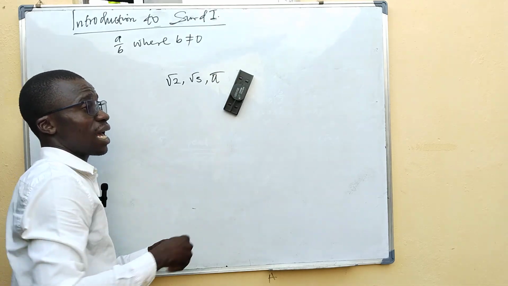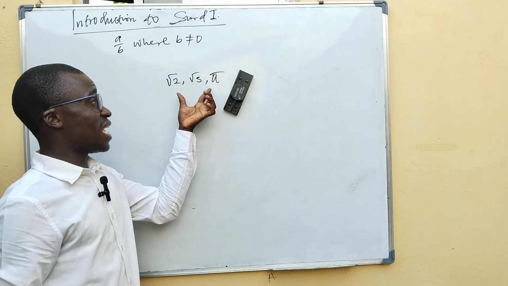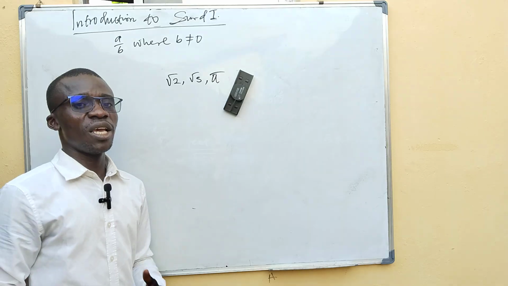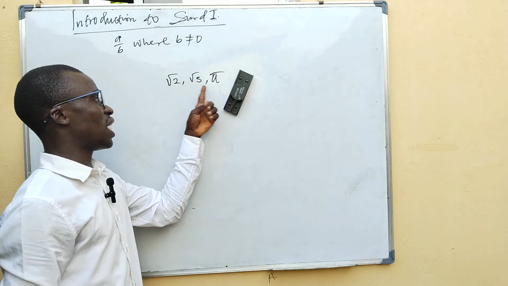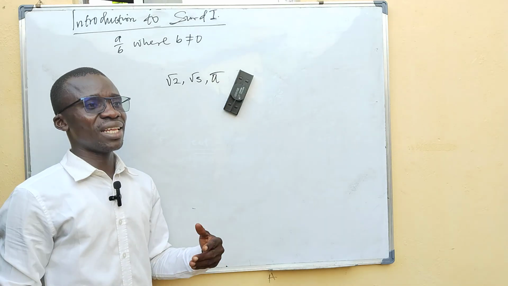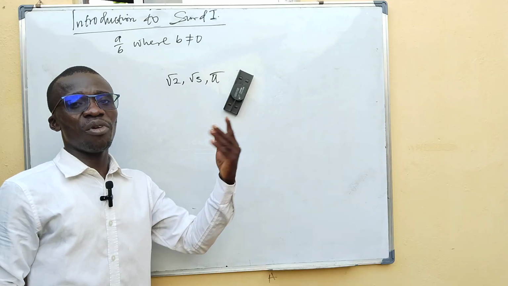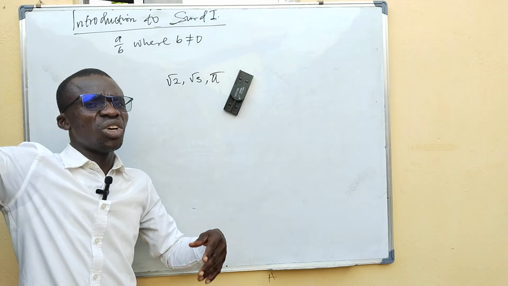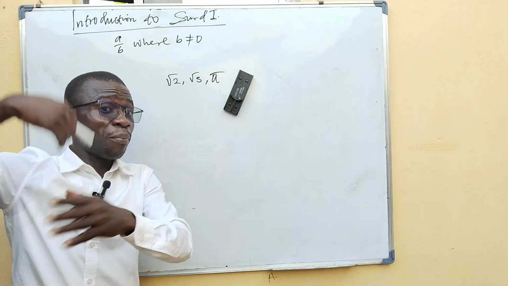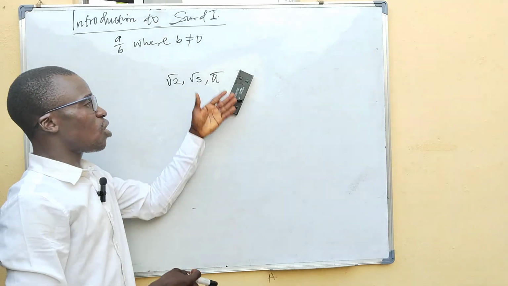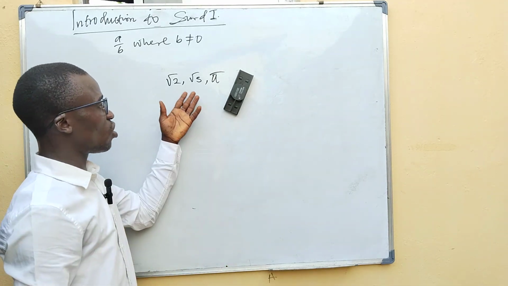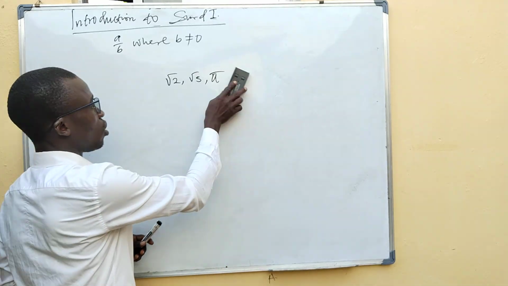All these square roots are irrational numbers. They keep going without end. If you take the value of pi, you get 3.142 continuously, and it will continue. So these numbers are called irrational numbers.